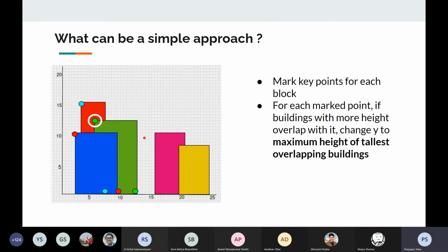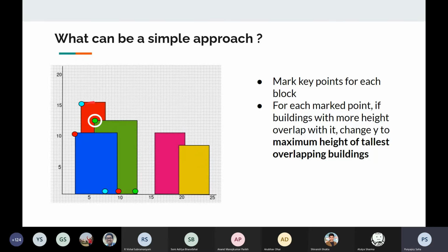Let us take maybe 5-10 minutes and draw this output and try to come up with this outline, just a step for each of these marked key points. Maybe you can share an image in the common chat after you've done.